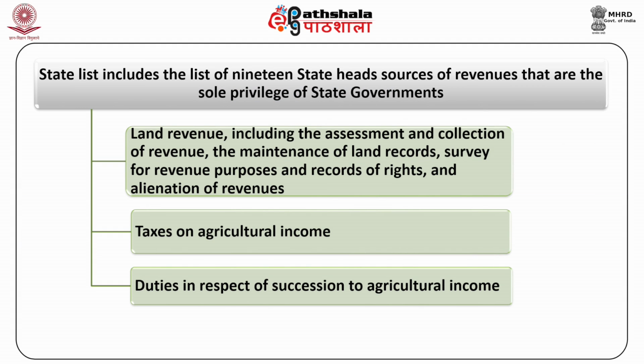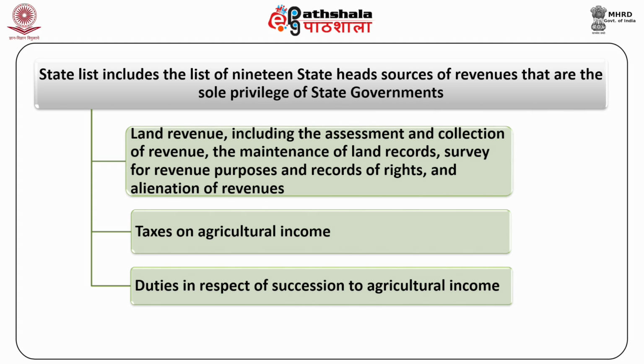The state list includes 19 heads, sources of revenue that are the sole privilege of state governments. These are land revenue, including the assessment and collection of revenue, the maintenance of land records, survey for revenue purposes, and records of rights and alienation of revenues.